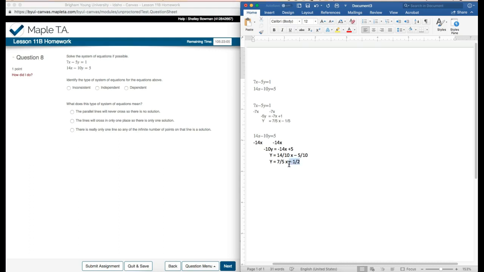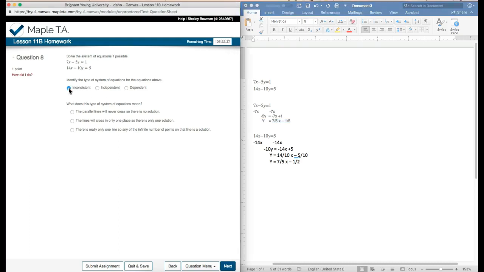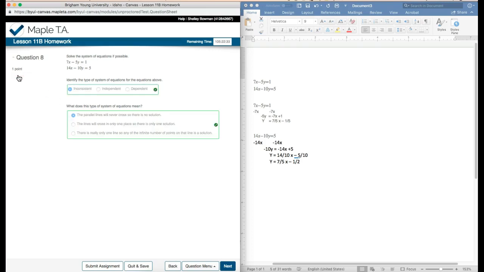Okay, so I have my first equation and my second equation here. Because I have solved it for y, I can see that I have the same slope and a different y-intercept. That tells me that these two are going to be parallel. If they're parallel, they will never ever intersect, which means they are inconsistent. And then I can come down here and say parallel lines will never cross. And I can check how I did.